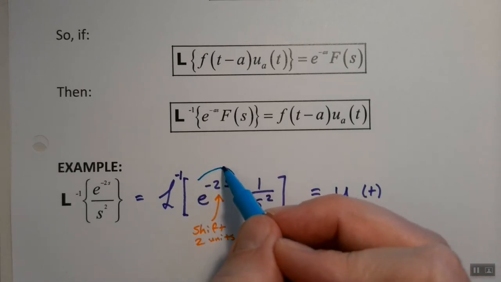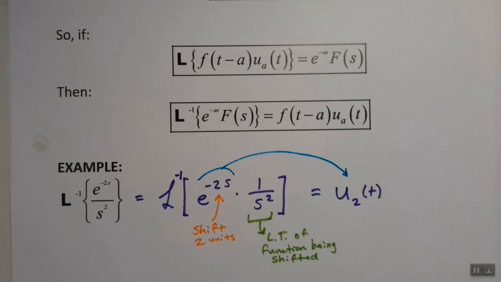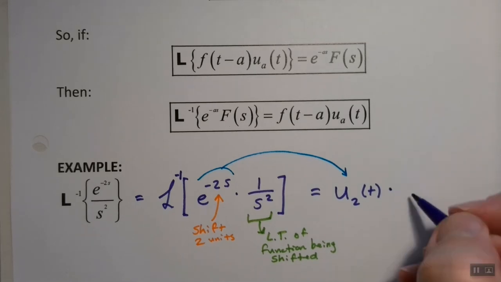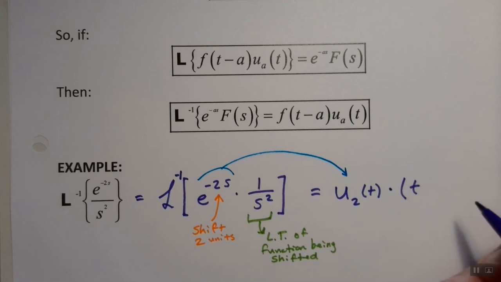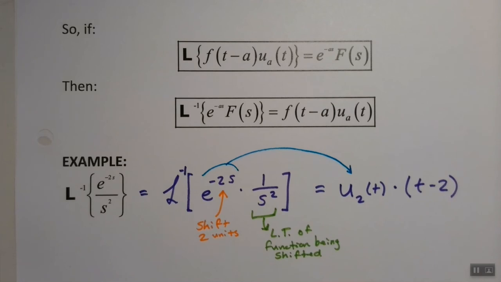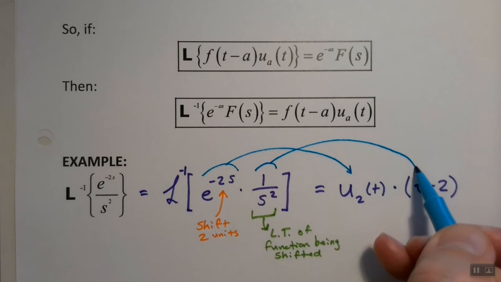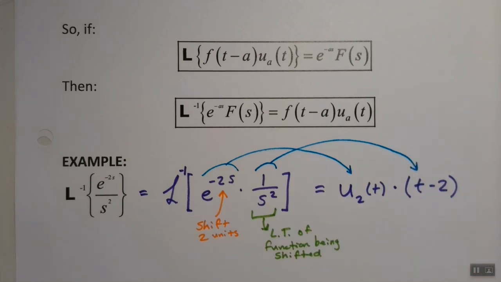This piece of it right here turns into the shifting function, or the step function u sub 2, and then the second part will be times not just t, but t shifted 2 units. And you can get that from this guy right here. And of course, it's the function f of t shifted 2 units.